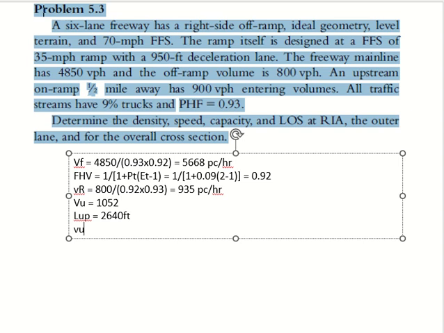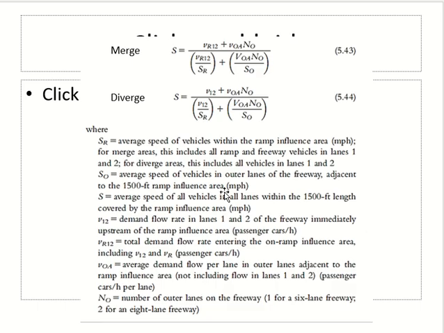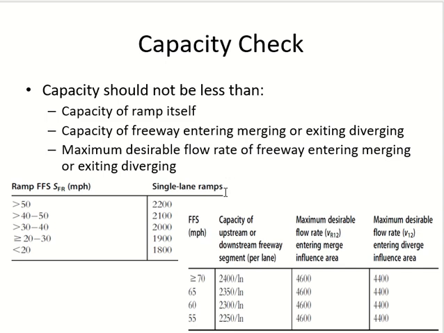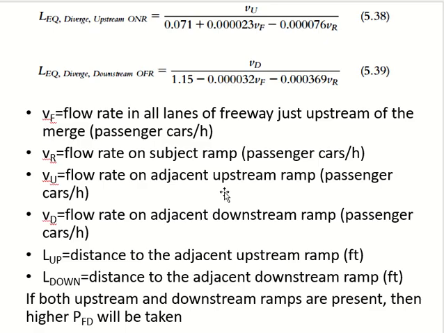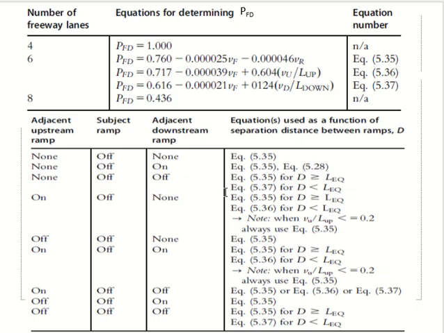So VU upon LU, right? 0.39. Okay, so we are not here. This condition is out.